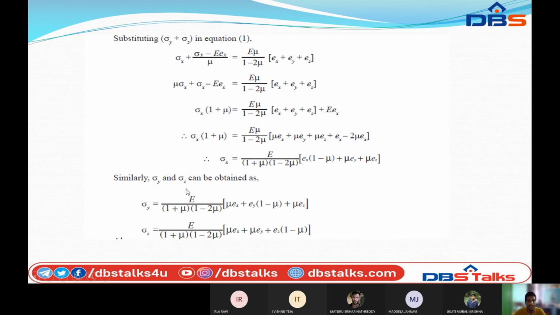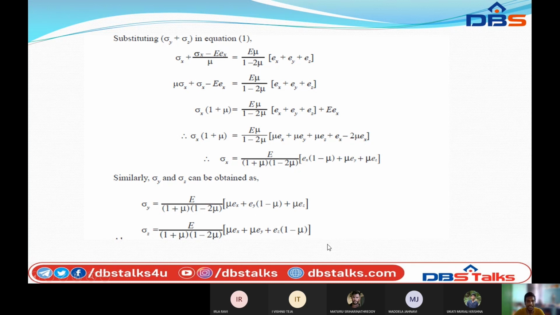Similarly, sigma y and sigma z can be obtained. Sigma y equals E by 1 plus mu and 1 minus 2 mu, times mu Ex plus Ey into 1 minus mu plus mu Ez. Remember that in the x direction the deformation will be only in x, Ex into 1 minus mu. In the y direction, the change in v will be in y, Ey into 1 minus mu.